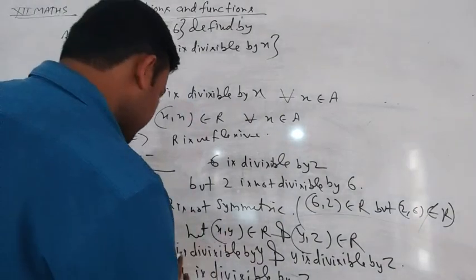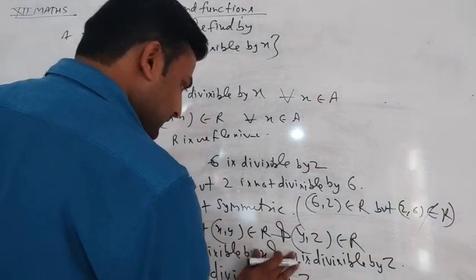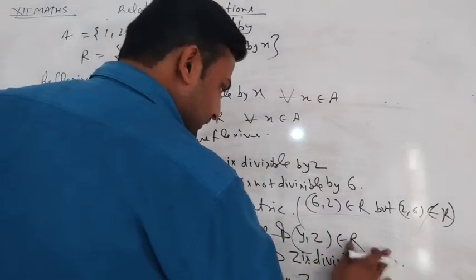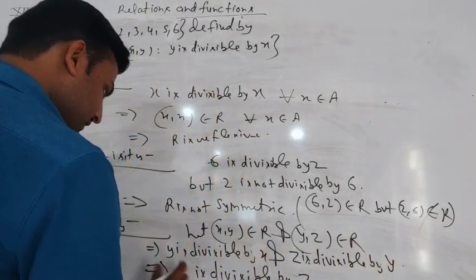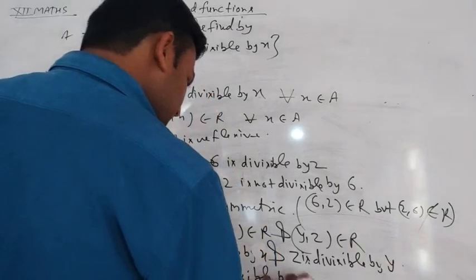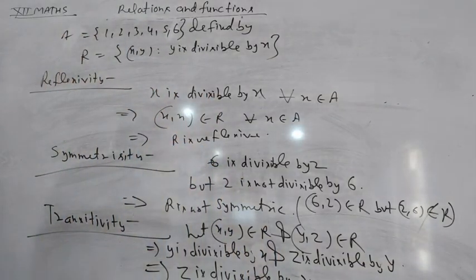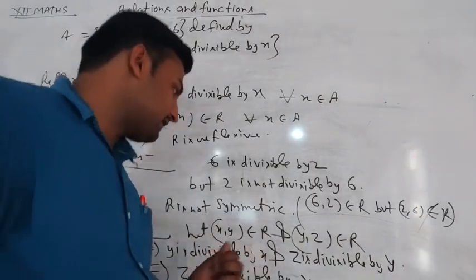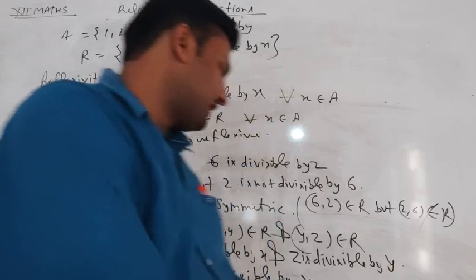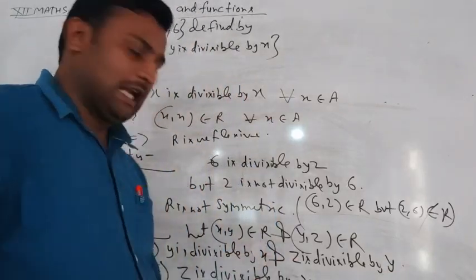sorry students, here y is divisible by x and here z is divisible by y, then we say that z is divisible by x. Okay, so students, if we take any elements where y is divisible by x and z is divisible by y, then z is divisible by x.